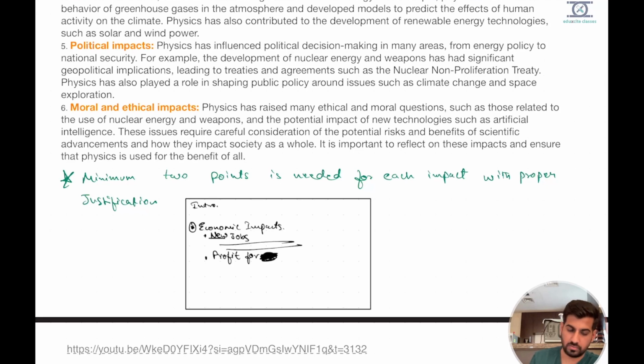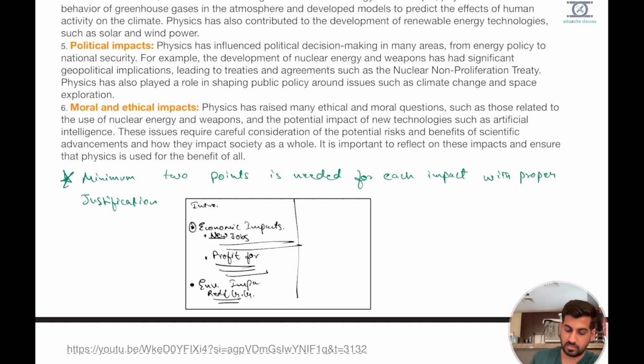Then 2 to 3 lines. Then your second point, let us say environmental impacts. Again, under environmental impact, you can write down reduce greenhouse gases, 2 lines.